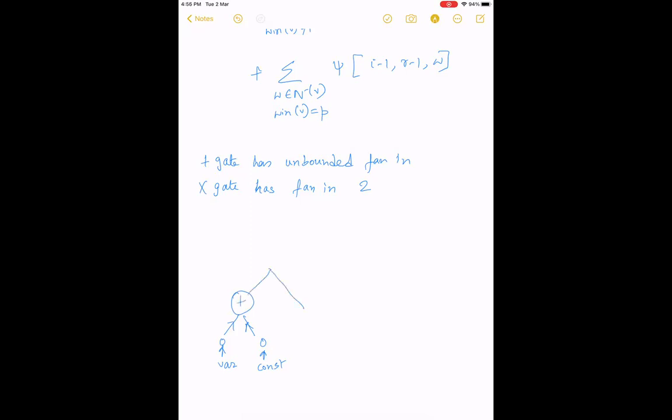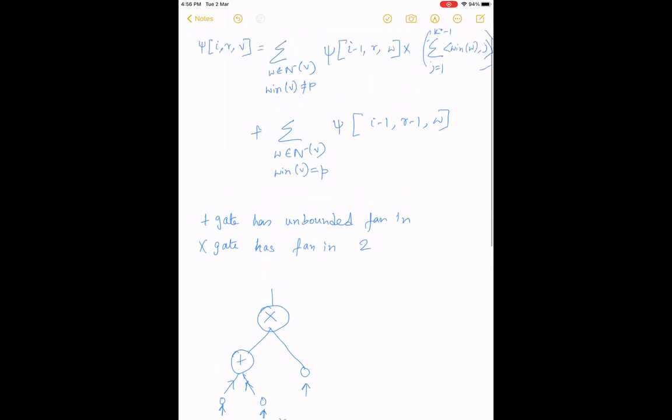So suppose you have some input here, and this is another gate, say a product gate, and you keep on doing this. At the leaf you only give the inputs, and at the gate you compute either plus or product, and finally you have an output. I'm not exactly defining it, but I'm telling you whatever is required to understand that we can construct a circuit from this definition which satisfies this criterion.